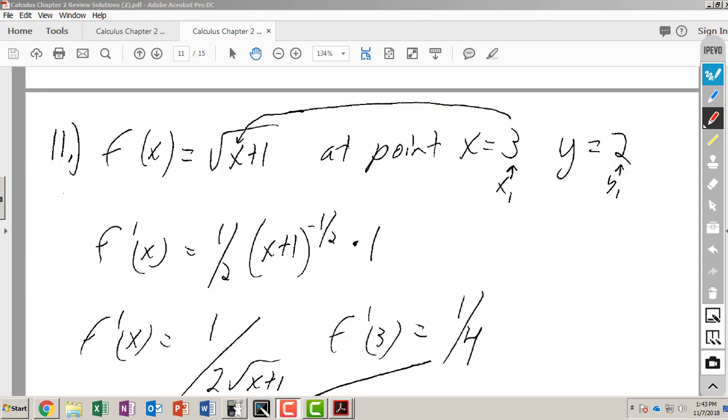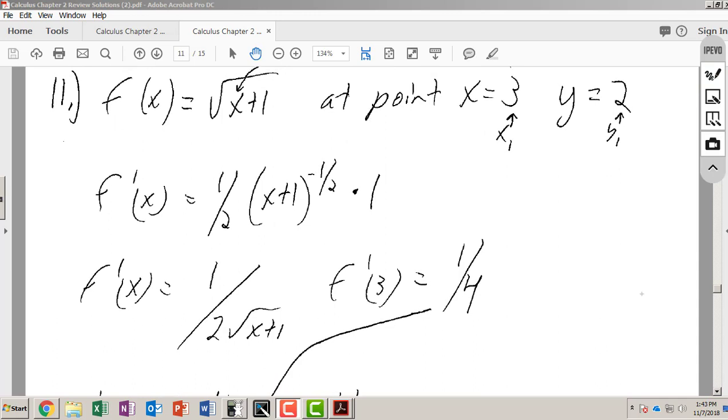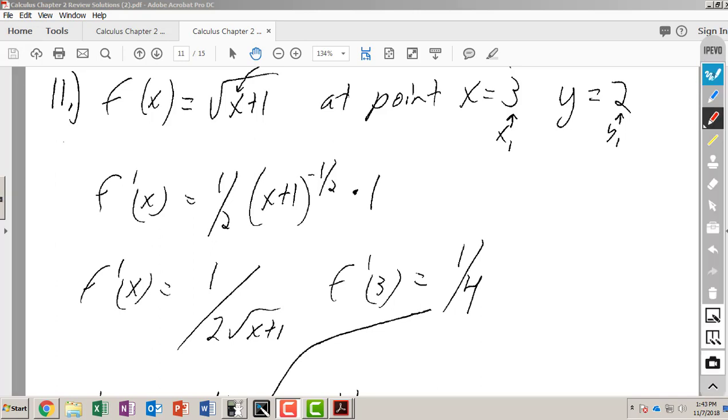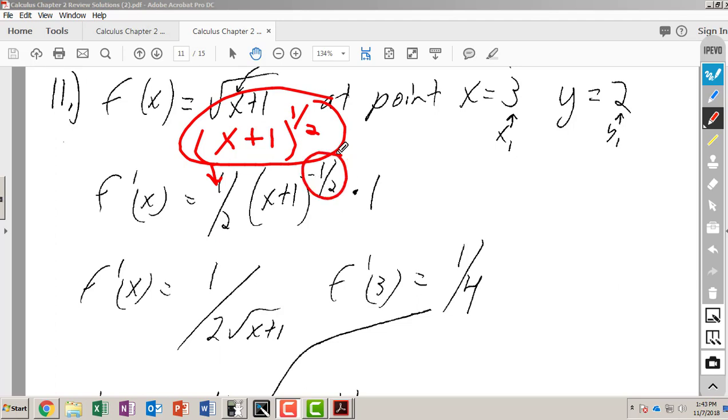Let's go ahead and find the slope. I have to find the first derivative. So my first derivative, remember the square root of x plus 1 is the same thing as x plus 1 to the 1/2. Using my chain rule, here's my outer, this gives me 1/2 times x plus 1, and then when I subtract 1 from 1/2, I get negative 1/2.